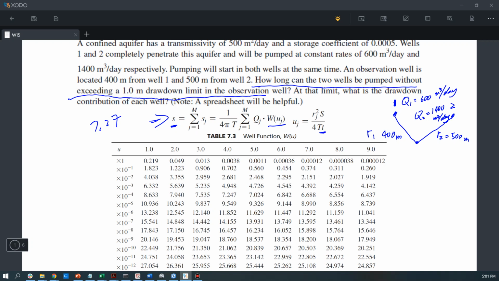So the idea is that we calculate the drawdown at different time steps, which means different values for the small t, and add the drawdown caused by well 1 and well 2 together. By trial and error, we will find a time that causes the drawdown to be approximately 1 meter.